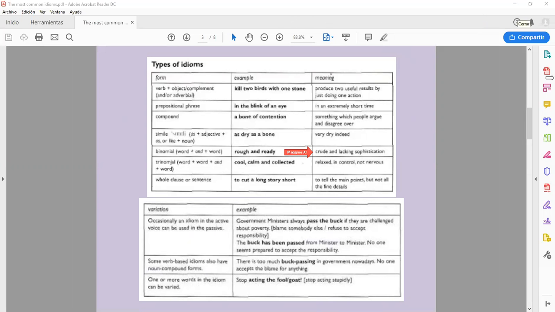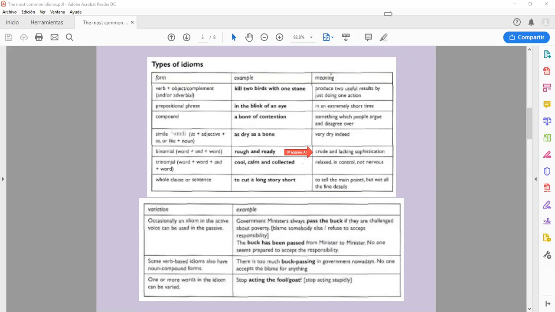If we don't know these expressions or idioms, it's going to be very difficult to understand when two strangers are speaking English because we will not understand what they are saying.